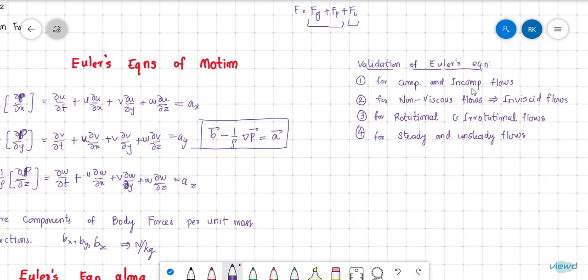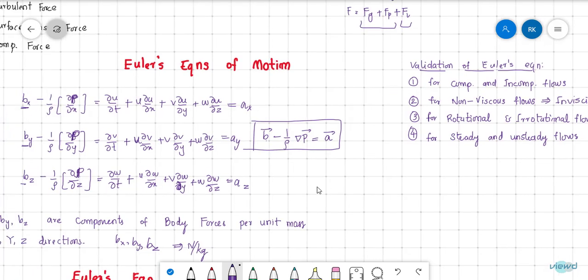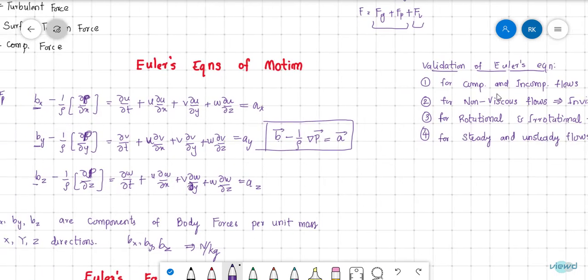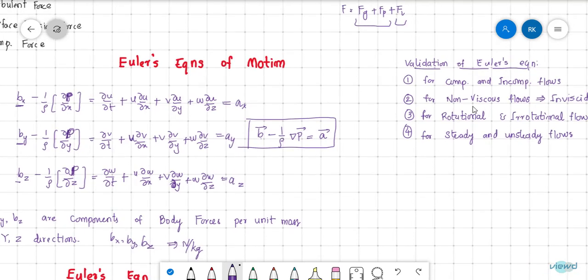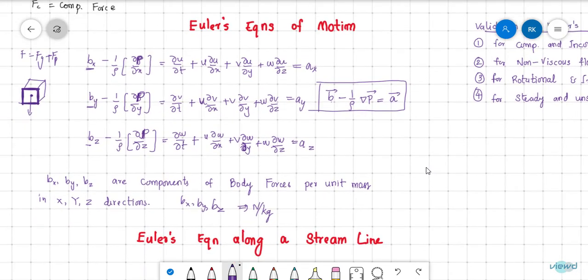For compressible and incompressible, the density is present, so we can apply it to both. For steady and unsteady, if dou u by dou t is present, it means unsteady flow. If it is not present, then we can apply it to steady flows. So that's about Euler's equation of motion.